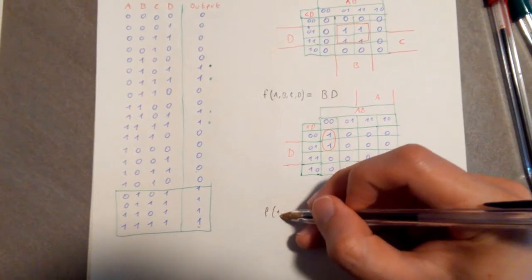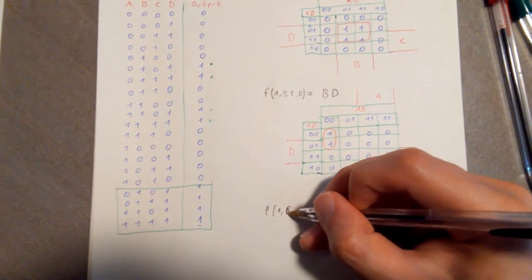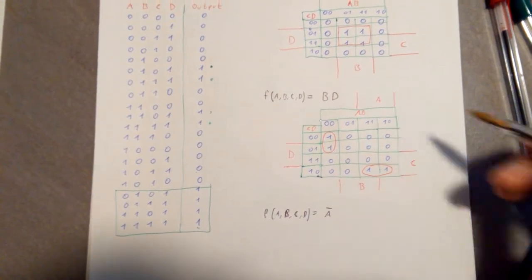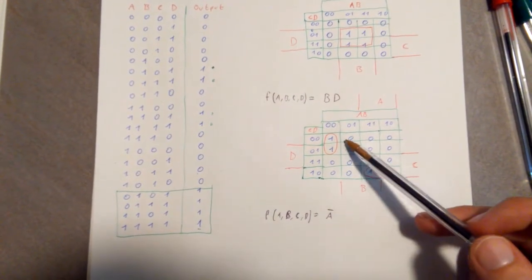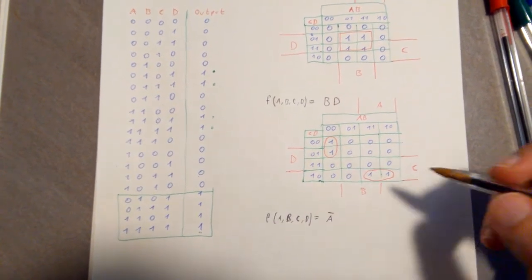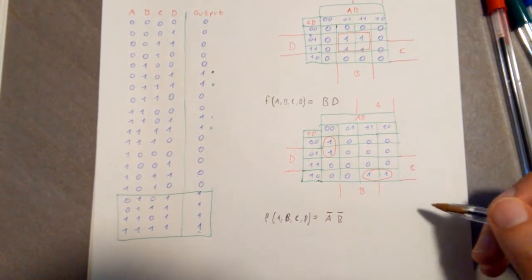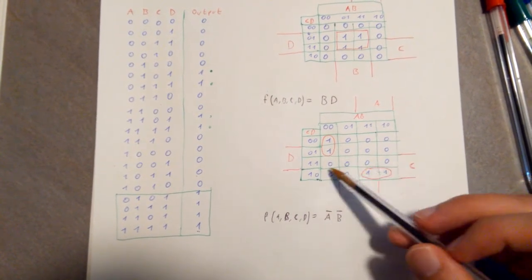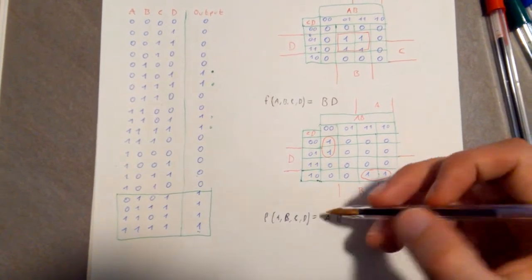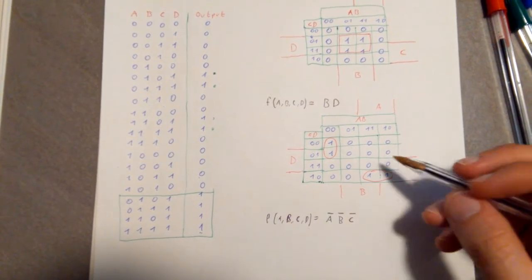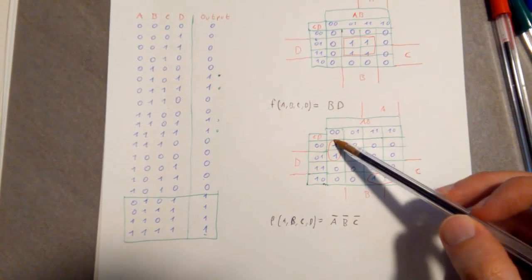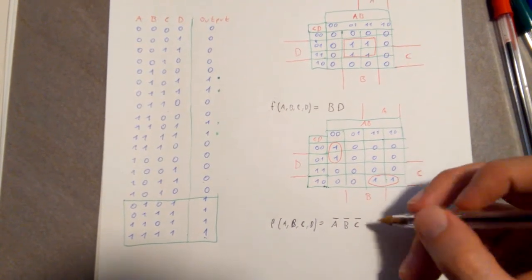So my f of A, B, C, D is not A, because it's completely outside. Then what about B? B is also completely outside, because it only covers this area, and those two ones are completely outside, so not B. Then I'm going to look at C, and C is also completely outside because it covers those two, so not C. And I'm going to look at D. D is half inside and half outside, so I'm not going to put it in here.